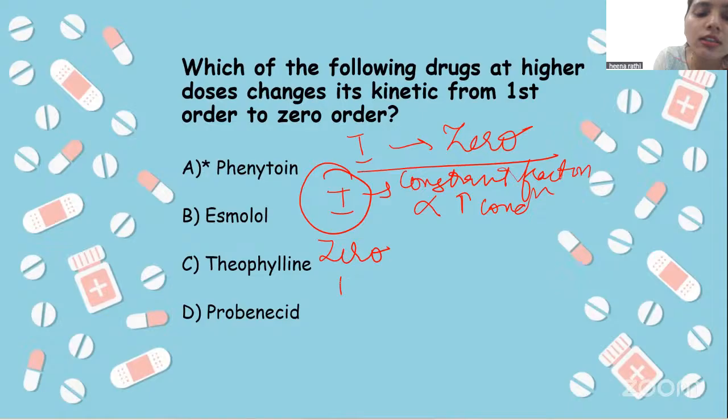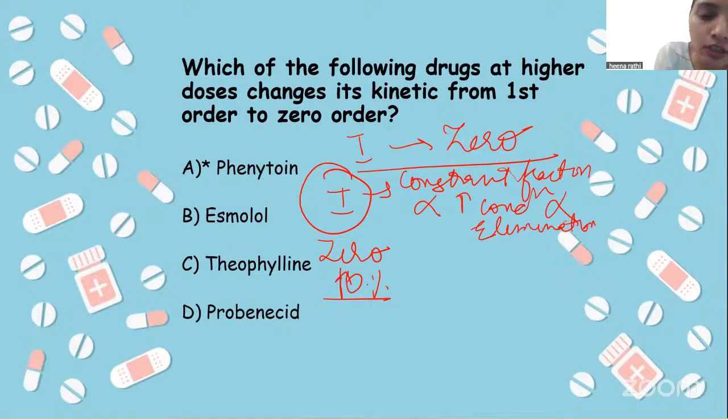Suppose the concentration of the drug is increased by 10%, then the elimination will be similar. The concentration of the drug is proportional to the elimination of the drug.